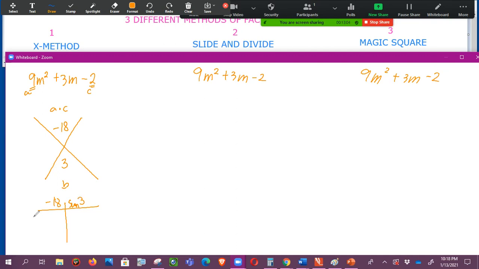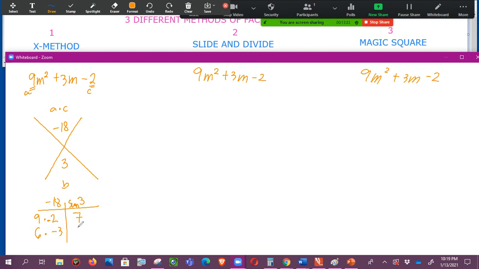So we can think of a number which is 9 times 2, where one should be negative. So let me have 9 times negative 2. If we add 9 plus negative 2, the answer is 7. If we do it the opposite way, it still does not give us positive 3. So why not do 6 and negative 3?